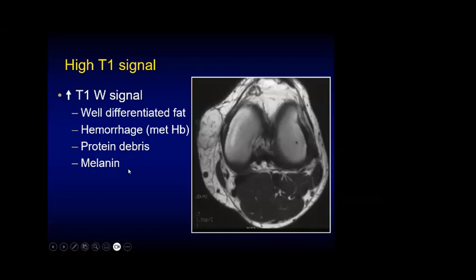They always have high T1 signal intensity. Other than that, most soft tissue tumors will have low or intermediate T1 signal intensity. So your differential diagnosis for soft tissue tumors with high T1 signal intensity is really limited to these four conditions.